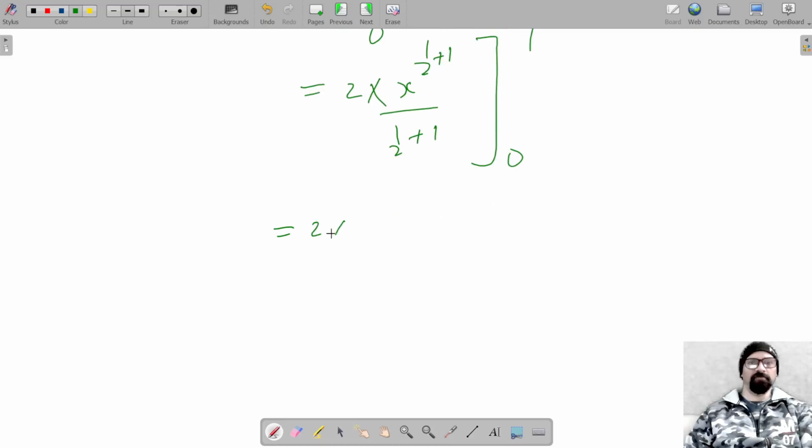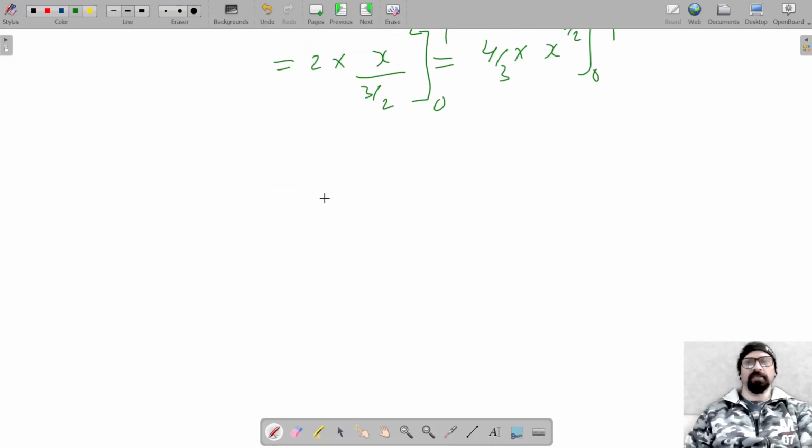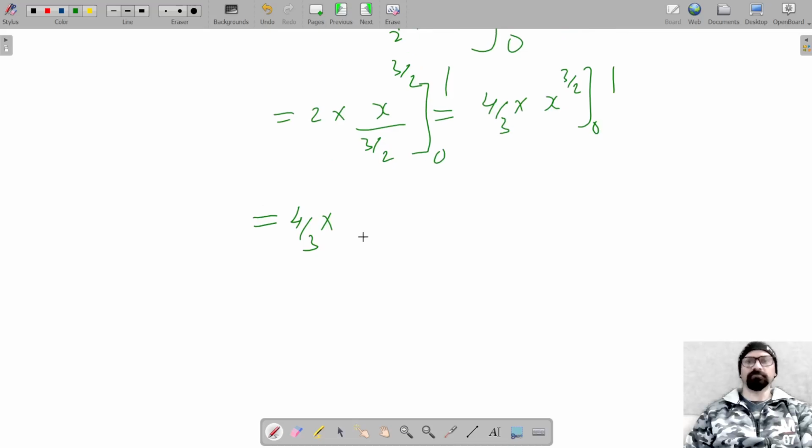So this is 2 into x raised to power 3 by 2 upon 3 by 2, and this is now 4 by 3 into x raised to power 3 by 2, for the limits 0 to 1. So this is 4 by 3 into 1 raised to power 3 by 2 minus 0, which gives me 1.